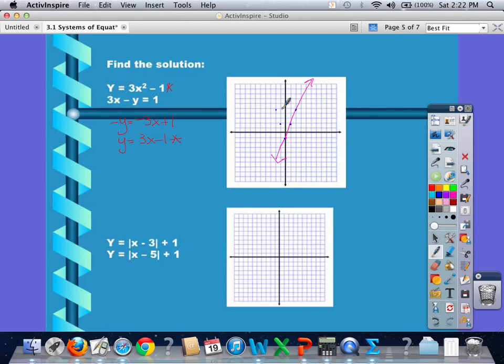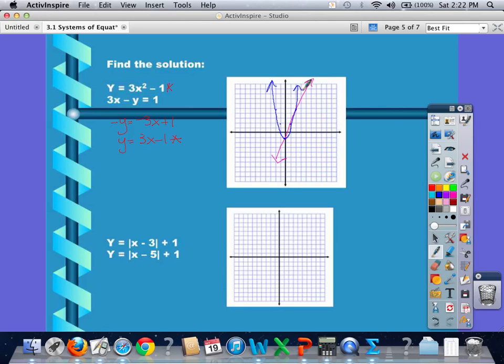This parabola is going to be right in here.